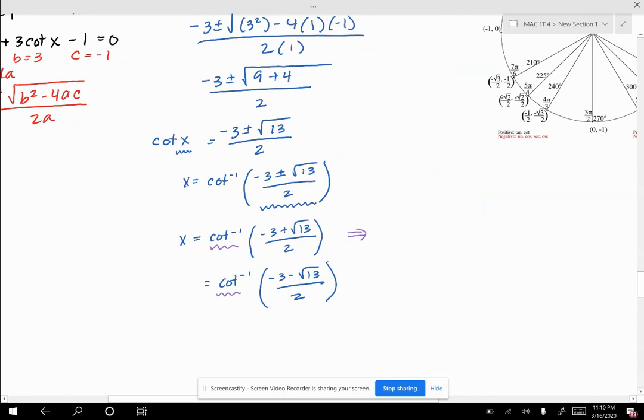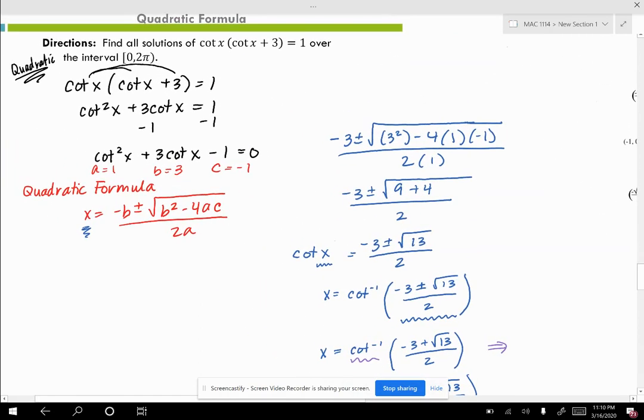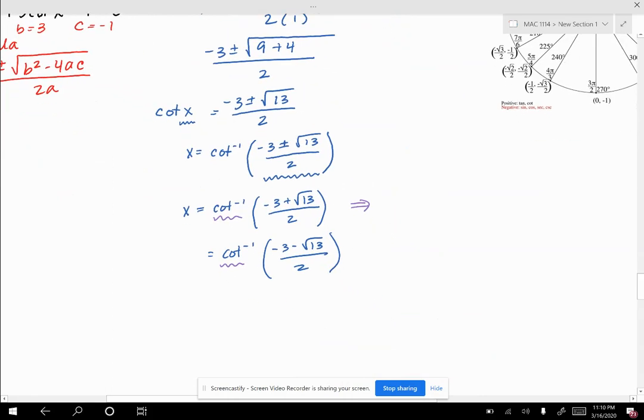Let's look. Our answers need to be in radians. So I'm going to say the fix is pi over 2 minus inverse tangent of -3 plus square root of 13 over 2.